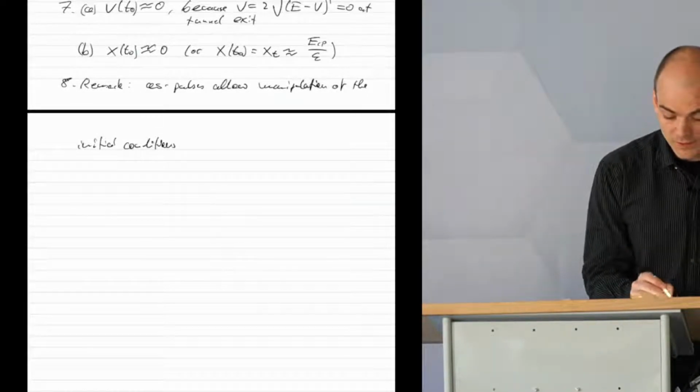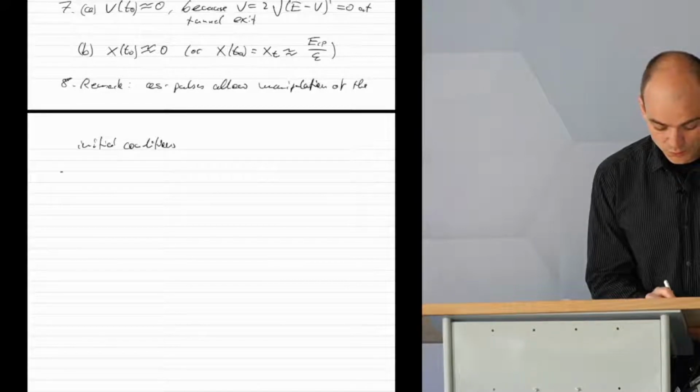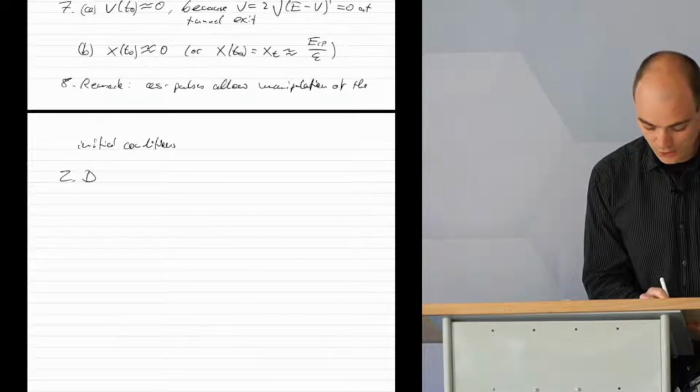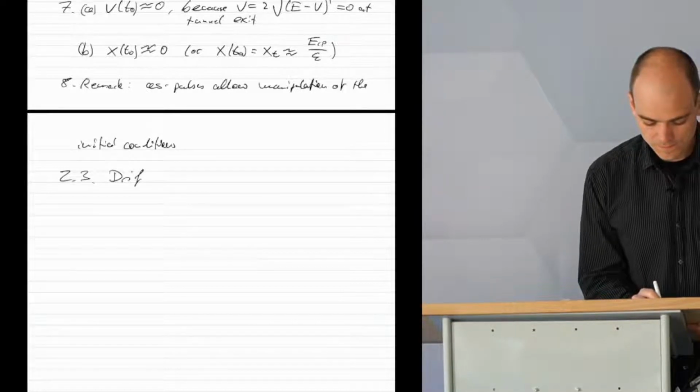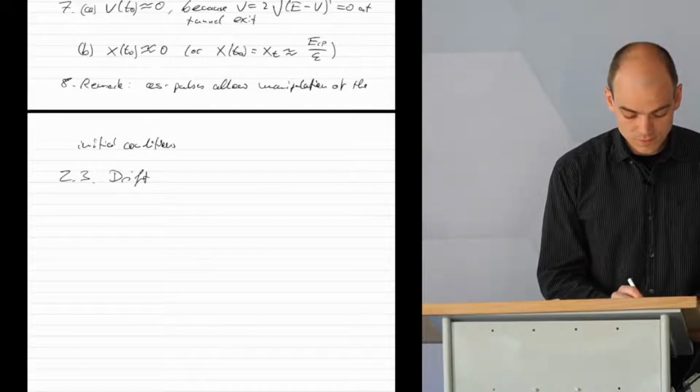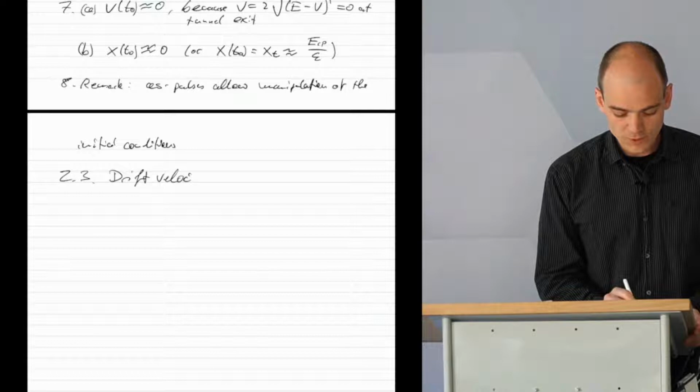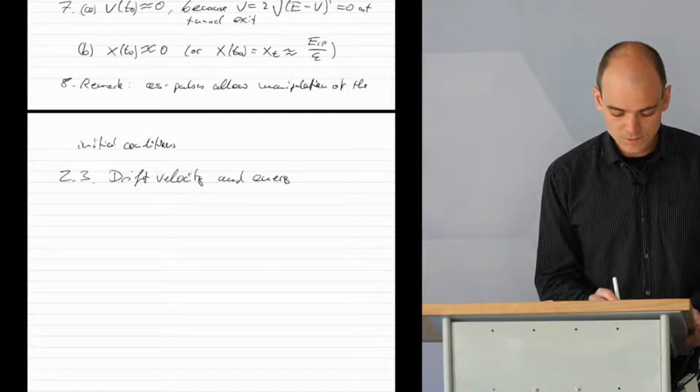Okay. Now we have chapter 2.3, drift velocity and energy.